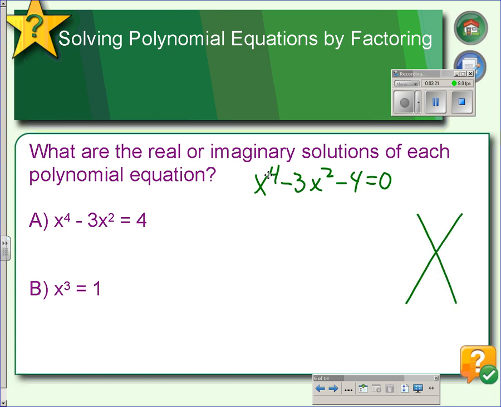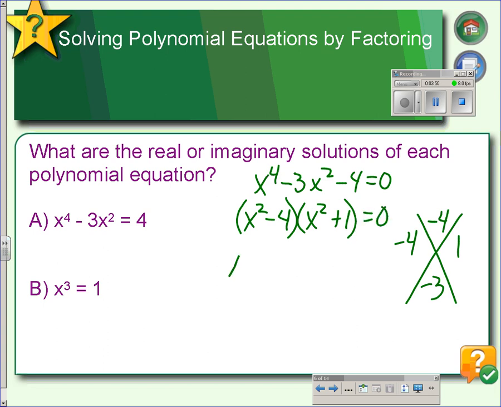So you multiply your a and c coefficients, so that's just negative 4. Put your b coefficient in the bottom. We're looking for two numbers that multiply to make negative 4 and add to make negative 3. So negative 4 and 1. So our factors are x squared minus 4 and x squared plus 1.